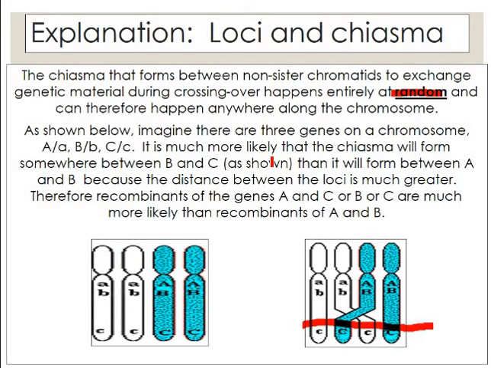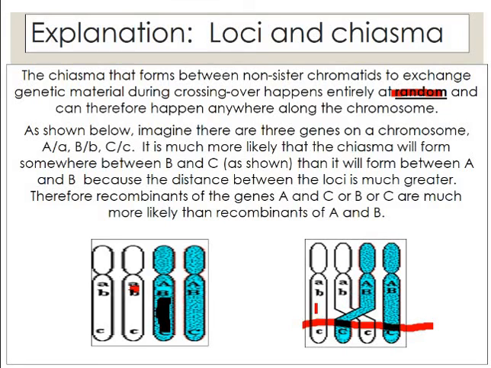It is much more likely that the chiasma will form somewhere between the region of B and C, somewhere here, just because it's a very big space. You do not have such a high chance of forming a chiasma somewhere here between A and B, just because the space is so small.